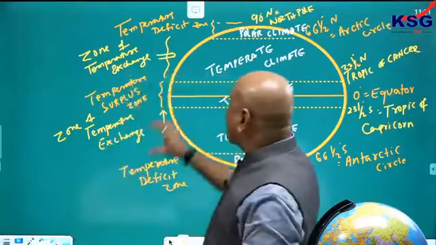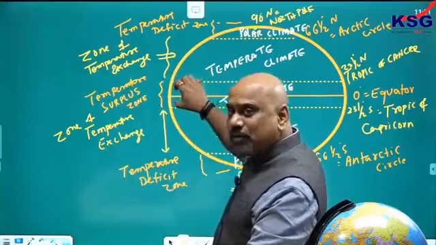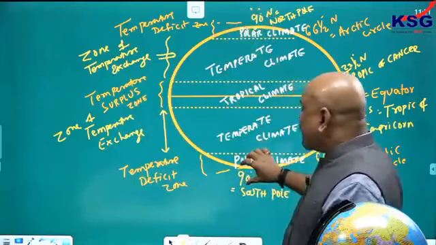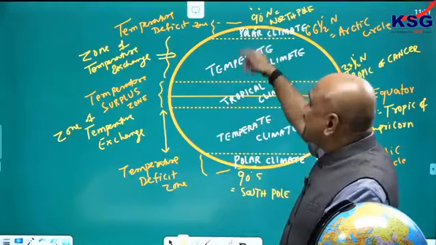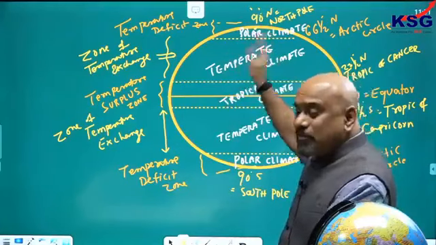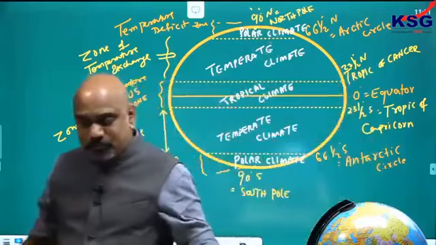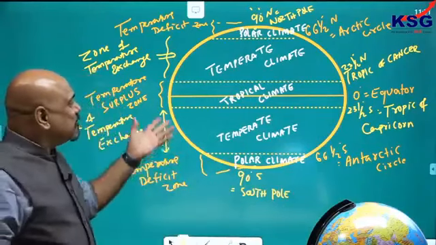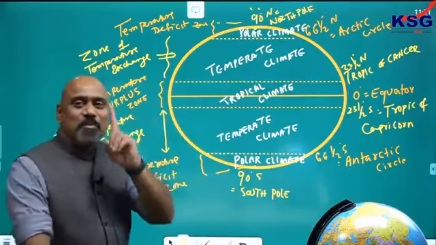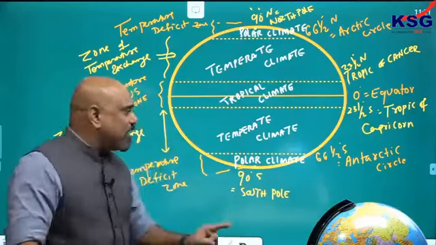We have permanently high temperature throughout the year, permanently low temperature or negative minus snow capped region. In between there is change, variation of temperature is more here, the temperate region. You got it? So beautifully it is given, thermal condition based on the temperature condition.